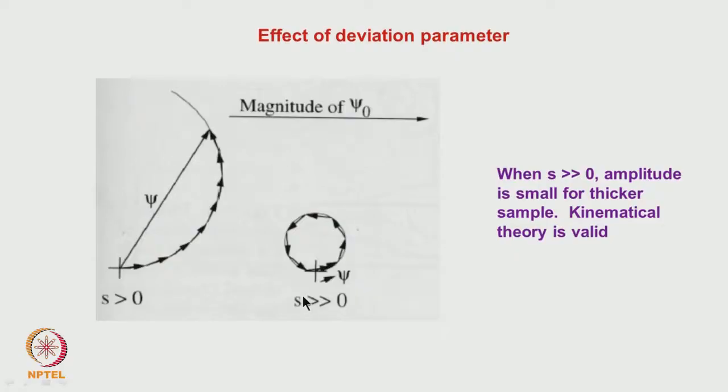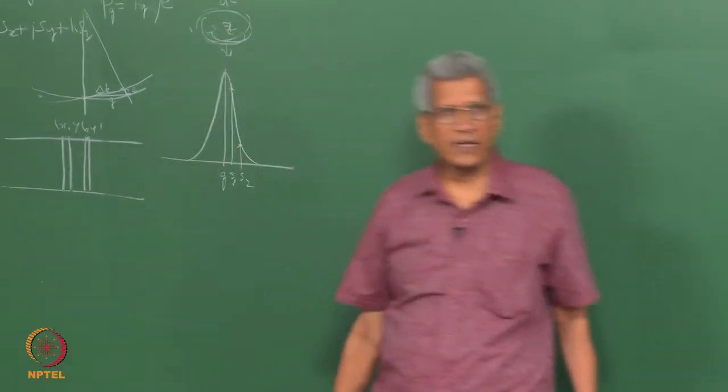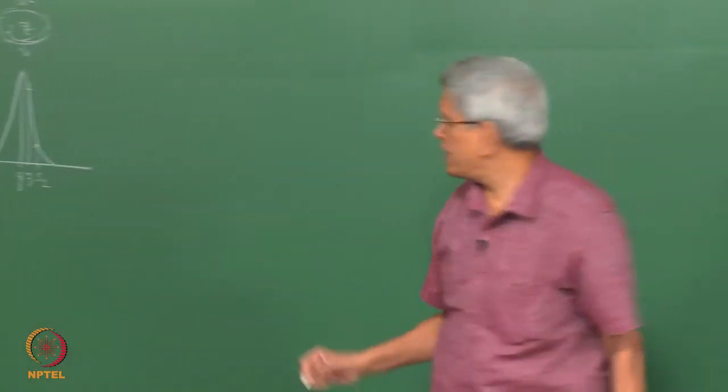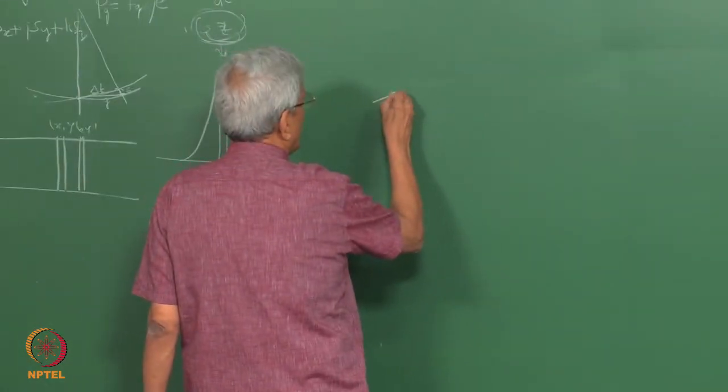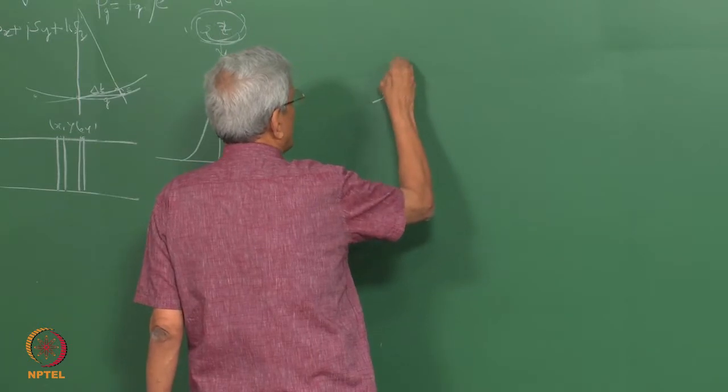Here, when s is very large, what will be the effect of this large s? Because for the same z, s into z is going to turn out to be large, the phase angle is going to be large. So when the phase angle is large, one will be coming like this, another will be coming like this.